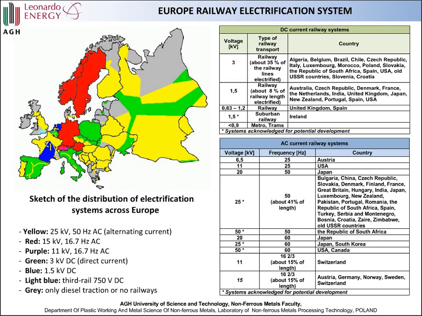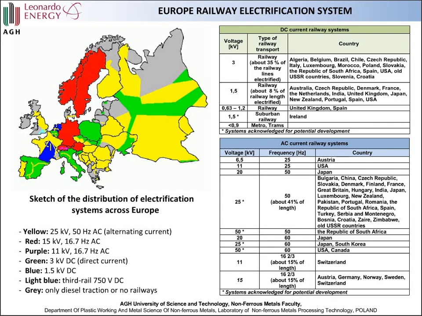The most popular for DC current are lines with 1.5 kV and 3 kV. Systems with 1.5 kV are in total 8% of all electrified railway length, and 3 kV about 35% of electrical railway lines.